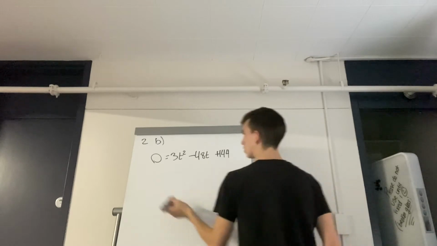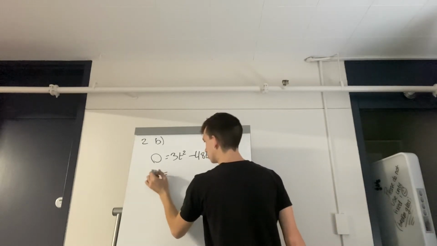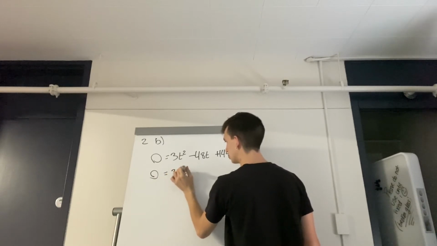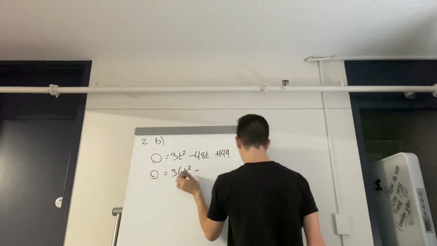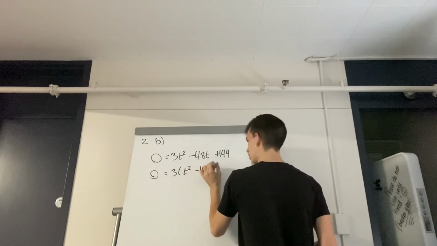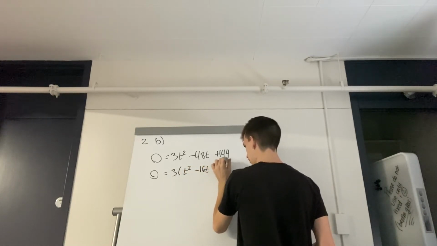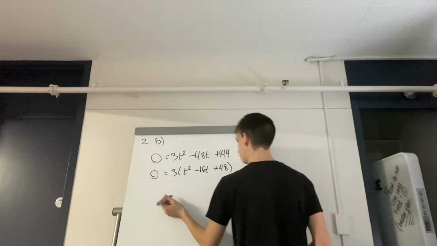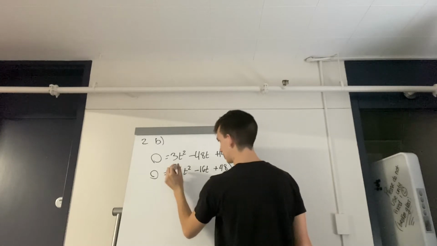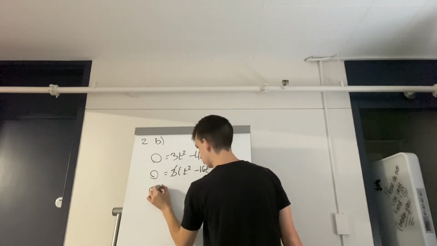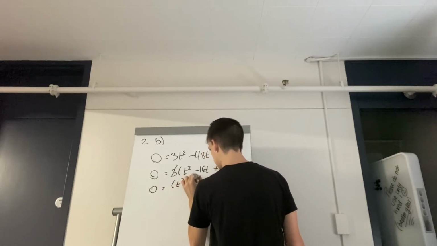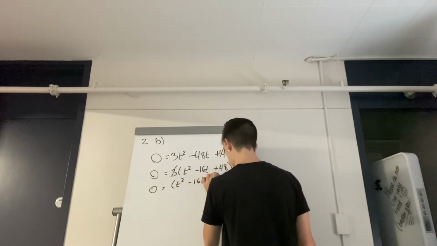We know the greatest common factor is 3, so we're going to put that out front: 3 times t squared minus 16t plus 48. Since it's set equal to 0, we can just cancel the 3. So 0 equals t squared minus 16t plus 48.